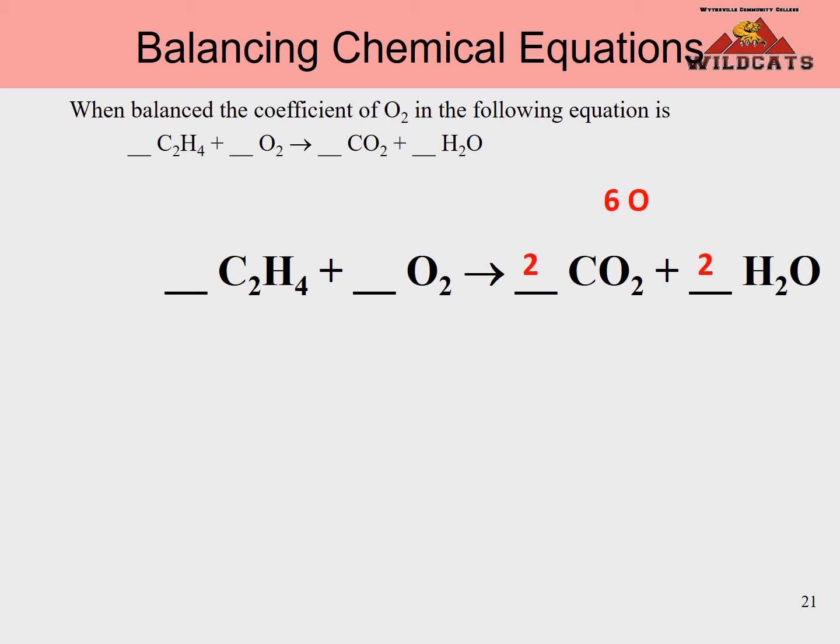And when I add up all the oxygens, 2 times 2 from the CO2 plus 2 from the water, I get 6 oxygens. This is convenient because I've got an even number of oxygens on the right. I've got an even number of oxygens on the left, so 6 divided by 2 from the O2, I need the coefficient of 3 in front, and the equation's now balanced.